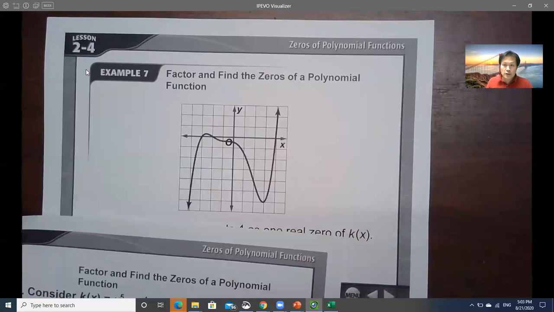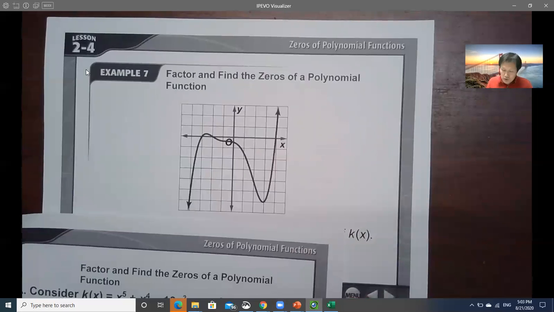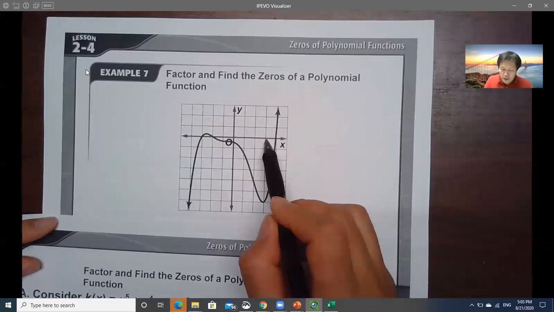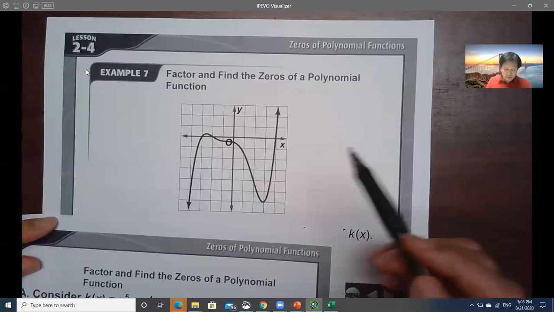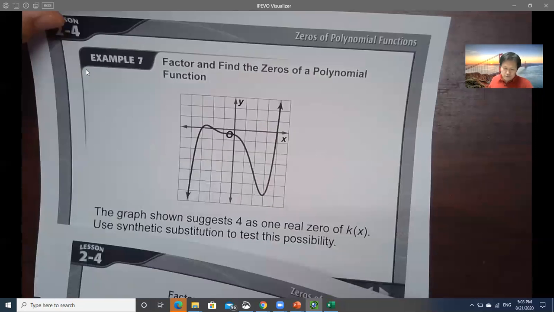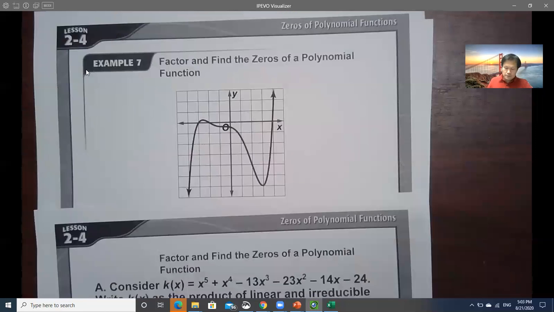You are interested in nice zeros, the integer zeros. So it looks like we got 4 as a zero. You got one more, -2 and -3. Okay? So when you graph it using a calculator, you get a bunch of the zeros.